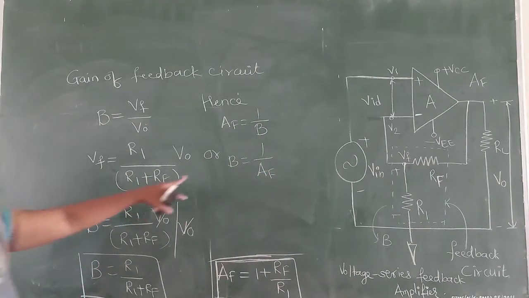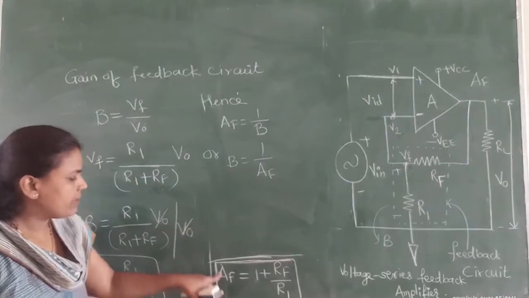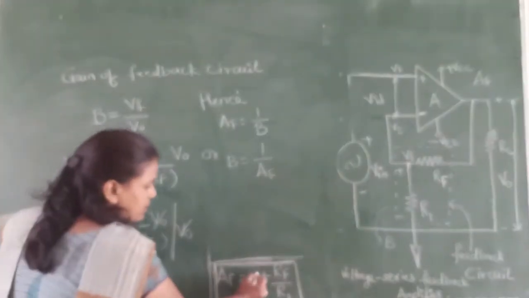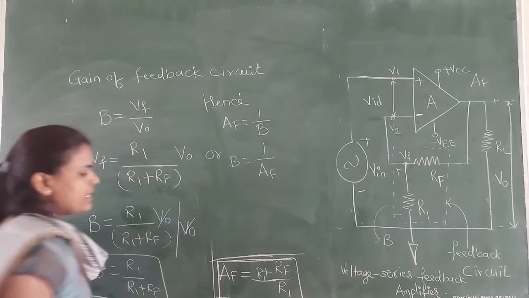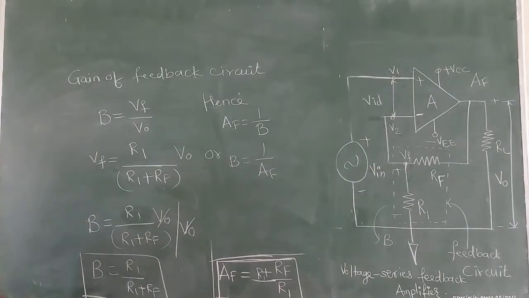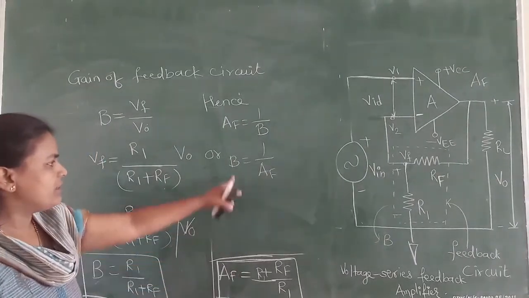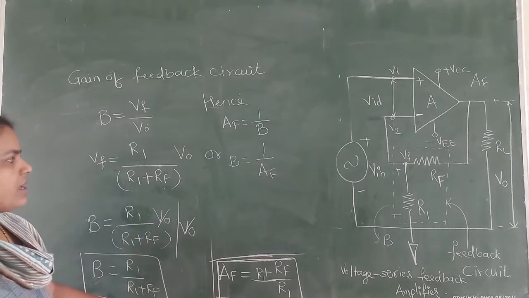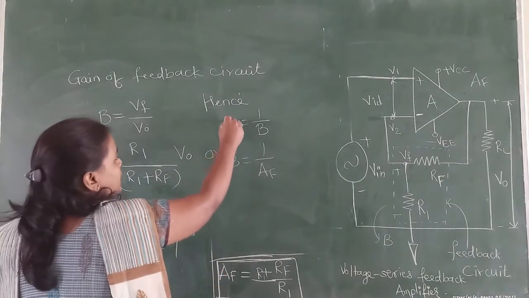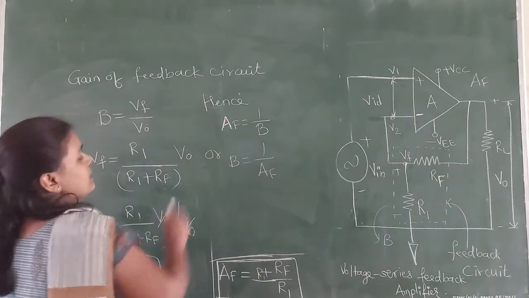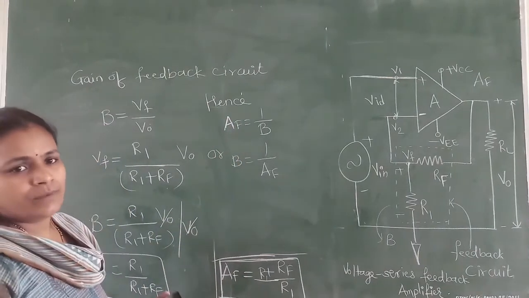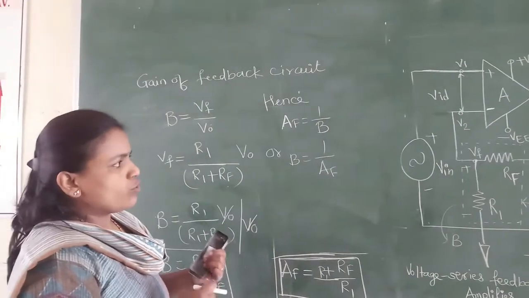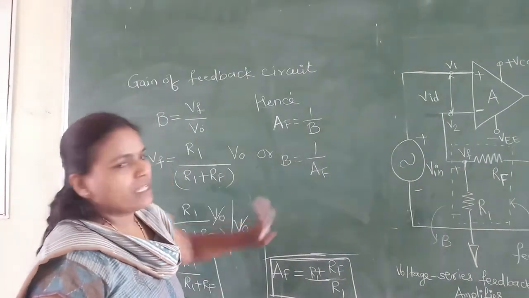See, when we write B is equal to 1 by AF, and AF is R1 plus Rf divided by R1, it will again give you B is equal to R1 by R1 plus Rf. So the gain of the feedback network B is the reciprocal of the closed loop gain AF of the non-inverting amplifier.